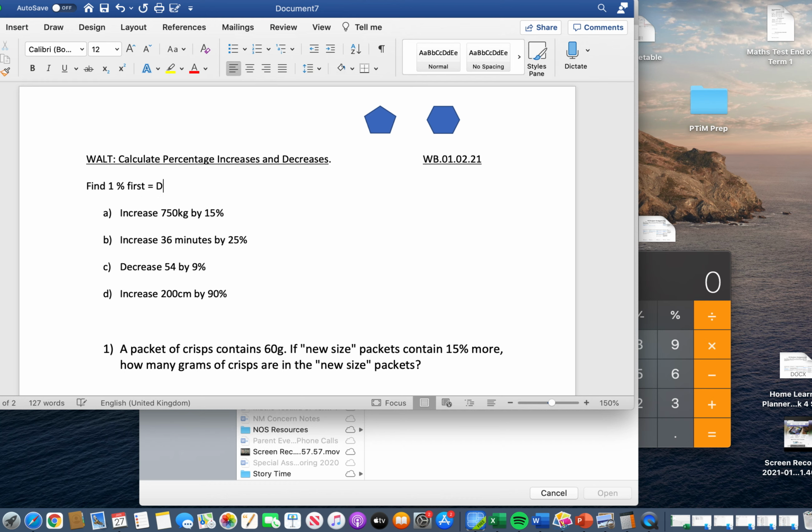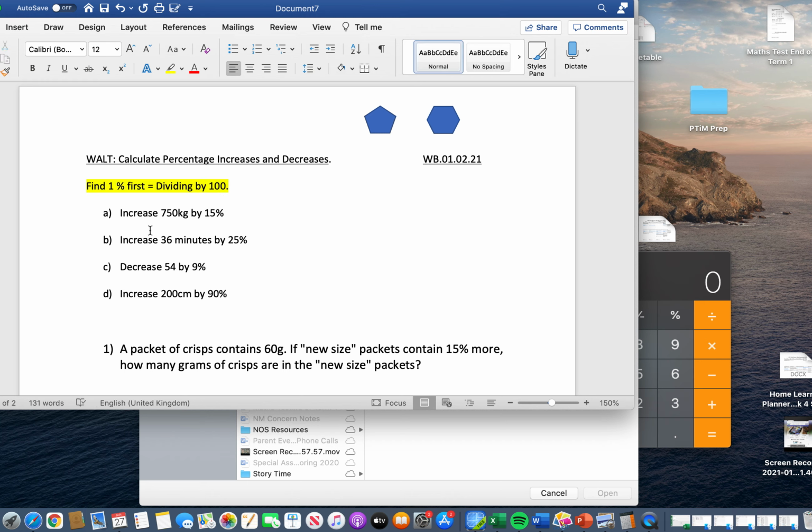Before you can find the given percentage, always start by finding 1% first. I'm just going to highlight that in yellow. That's our first step. For example, this first problem says increase 750 kilograms by 15%. So I need to find 15% of 750 and then increase 750 by that amount. But I don't know what 15% of 750 is. Like I said, my first step is to find 1% first, and I find 1% by dividing the amount by 100.